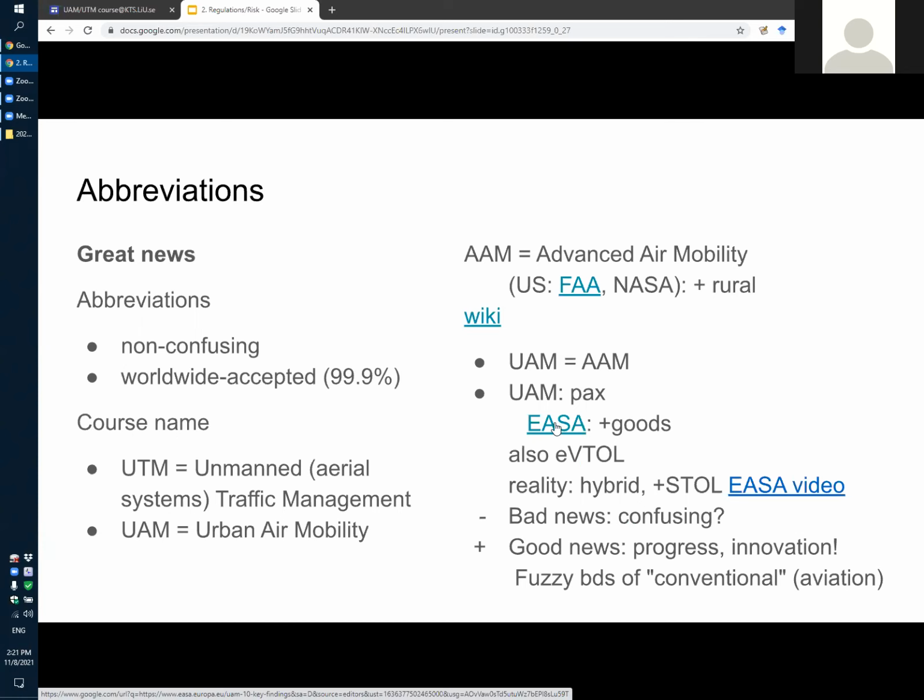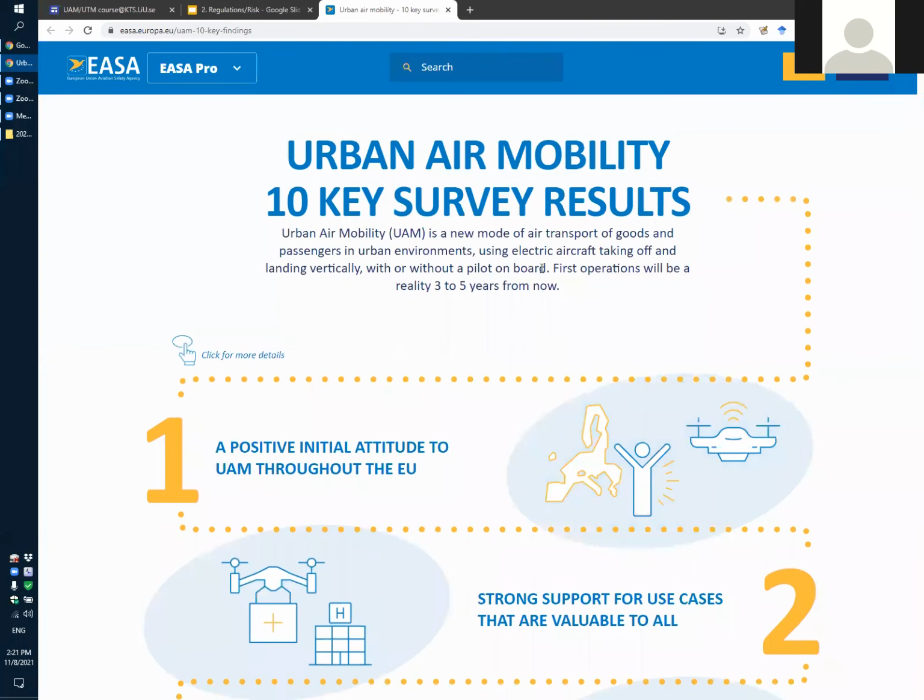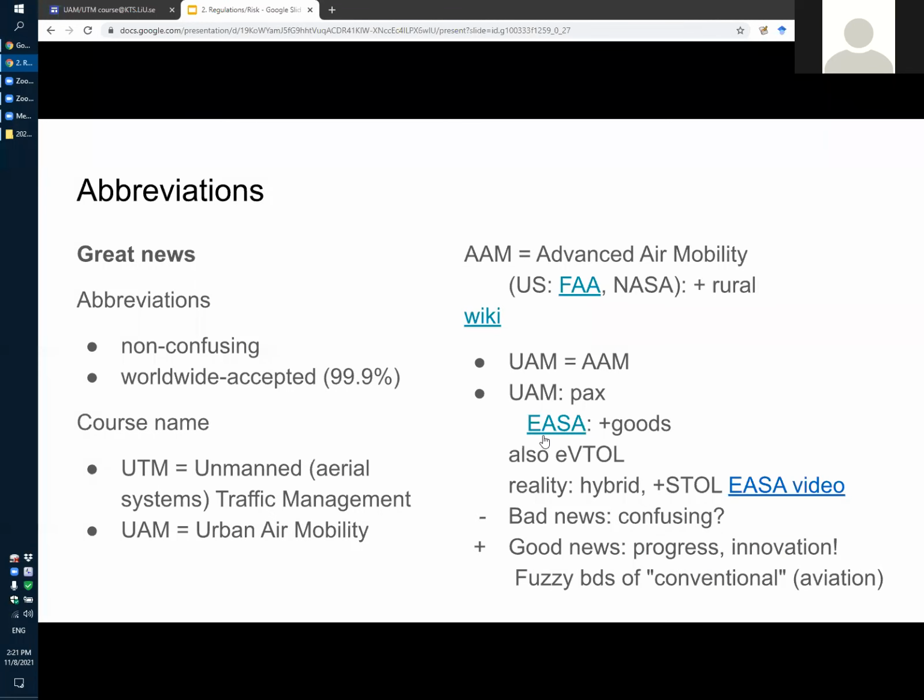Another interesting moment is that EASA speaks about electric aircraft with vertical takeoff and landing, VTOL, while in reality, as far as I know, purely electric aircraft may not be seen from day zero, so there will be hybrid aircraft.